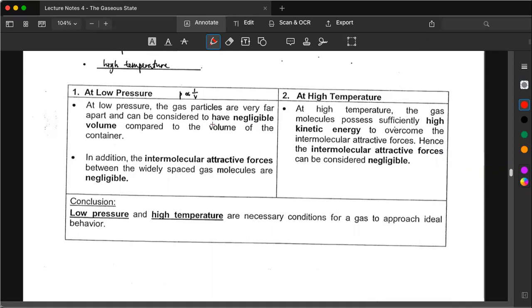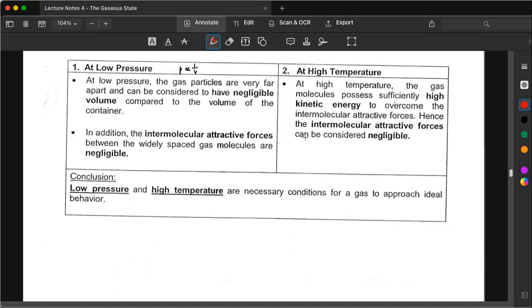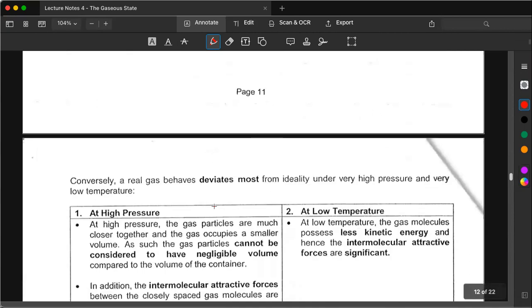And also because they are so far apart, due to low pressure, we can neglect the intermolecular attractive forces. As for high temperature, because the molecules have high kinetic energy, they can overcome the intermolecular attractive forces, which means that these attractive forces are negligible. So to approach ideal behavior, the conditions are low pressure and high temperature.